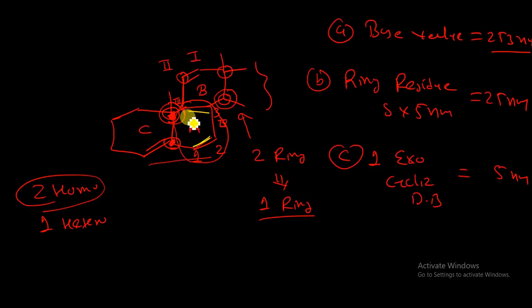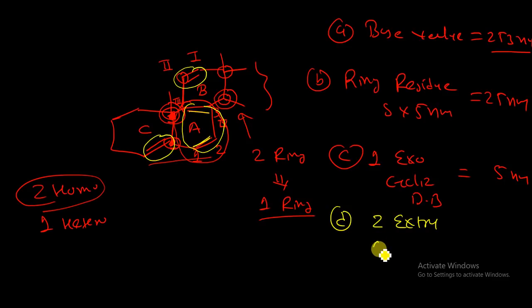There is a double bond, single bond, double bond, single bond, double bond. So there is one extra conjugation. Second, double bond, single bond, double bond, single bond, double bond, single bond, and a second extra conjugation. So there will be two extra conjugations, so there will be 60 nanometer.